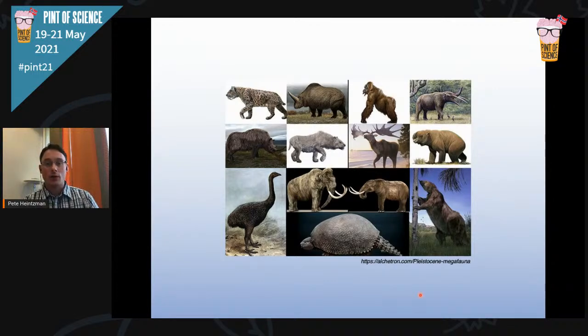And these megafauna ranged from elephants that you would get in the tropics to elephants that you would get in the Arctic, like mammoths. You also had giant ground sloths that lived in South America, and huge armadillo-like relatives called glyptodonts, which were actually the size of small cars.